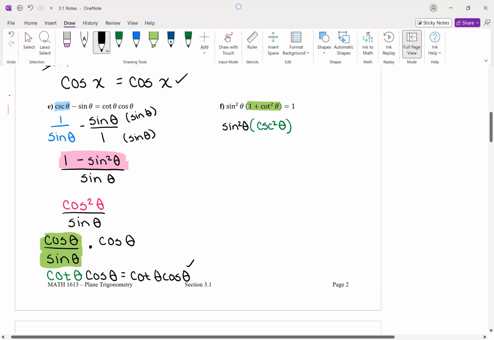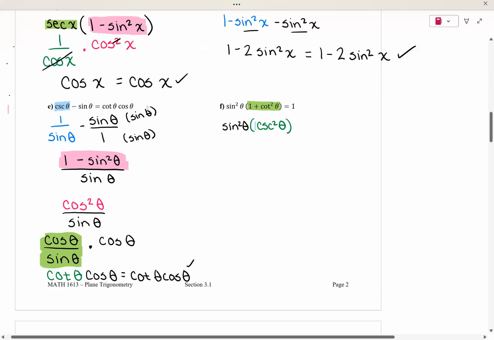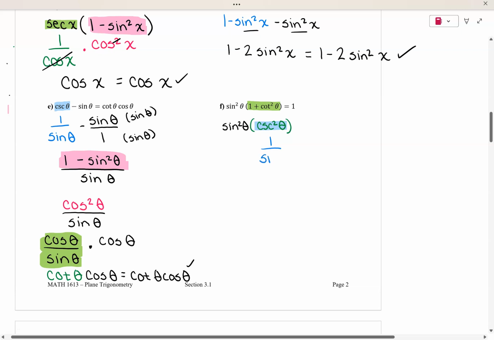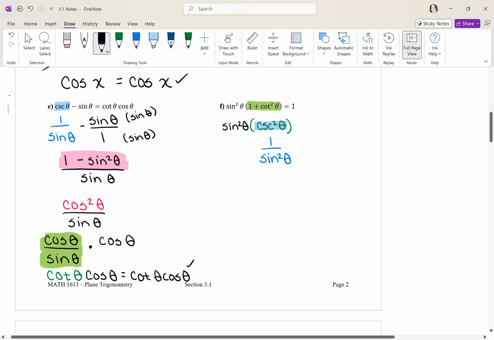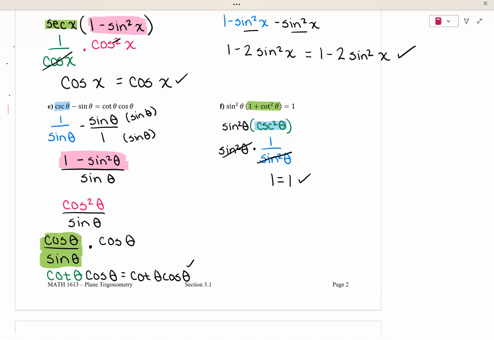Okay. Hopefully you can see that we need to change this to 1 over sine squared. And then when I multiply that times sine squared, they cancel and we get 1 equals 1.